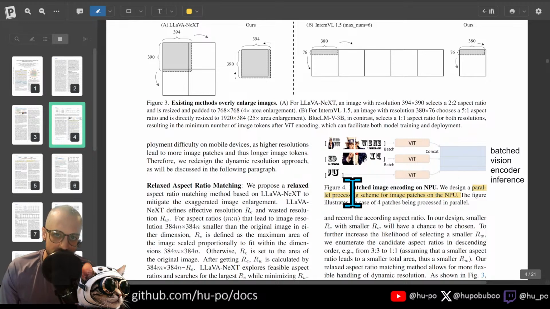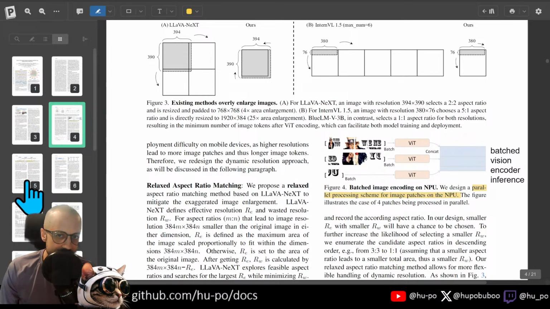They use a parallel processing scheme for image patches on the NPU. So the NPU, which is holding the vision transformer that has that vision encoder in there, rather than sequentially processing each patch, actually does them in batches. So you're basically batching the vision encoder inference, right?